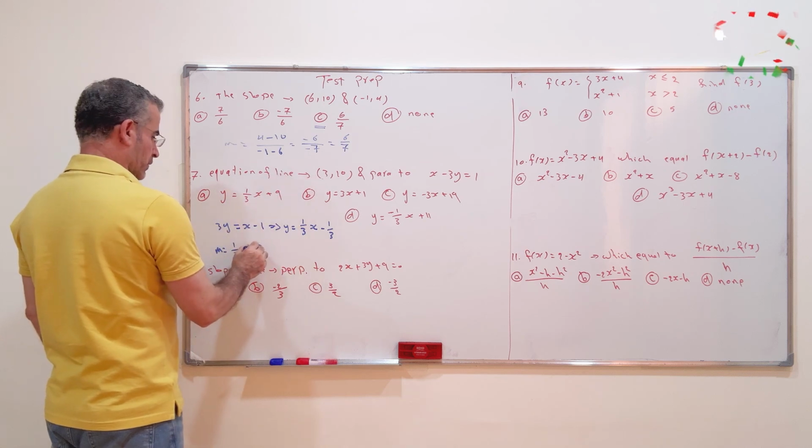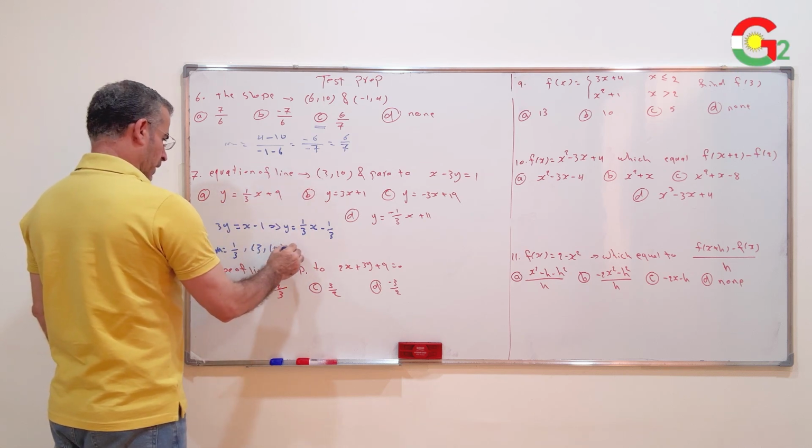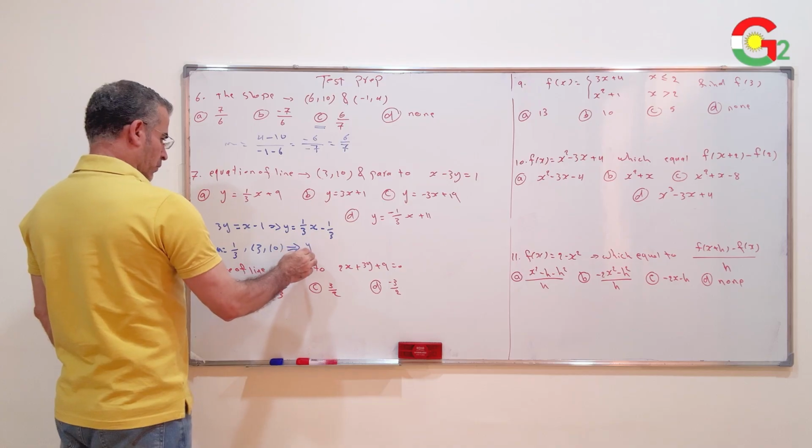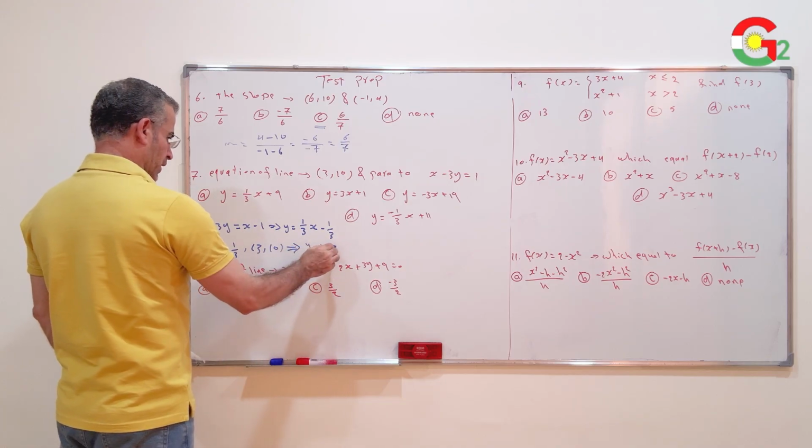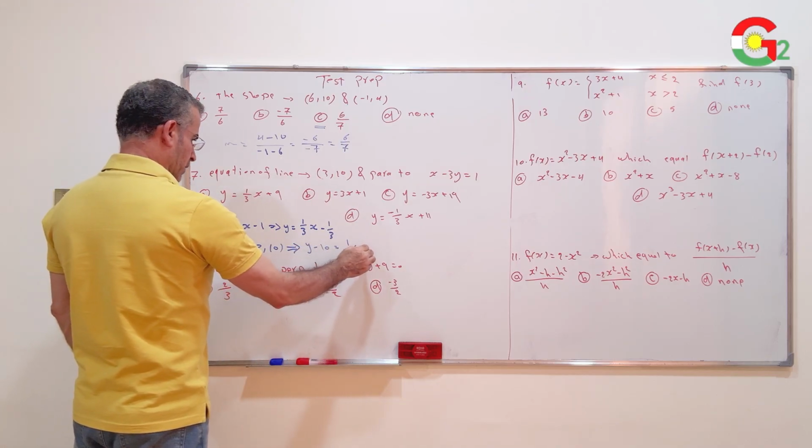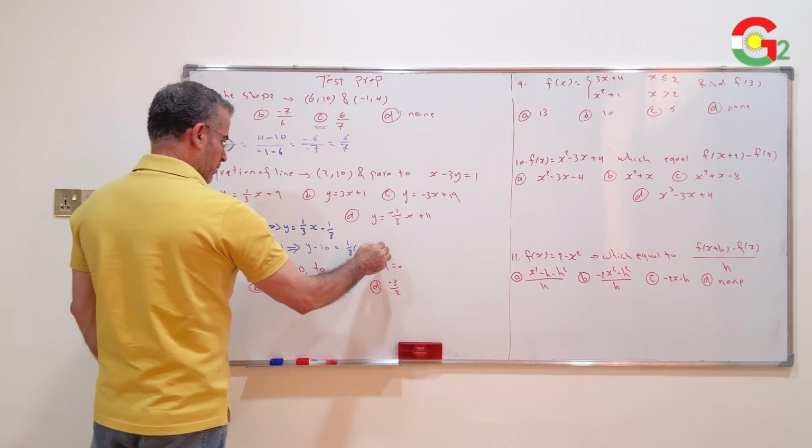With the point (3, 10), I'll find the equation of the needed line. y minus y1, 10, equals the slope times x minus x1, 3.